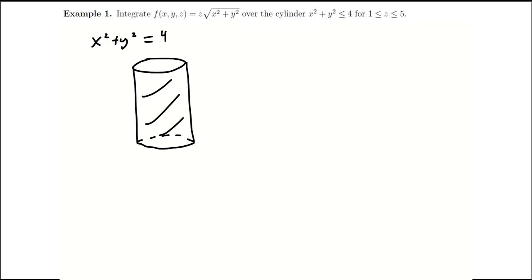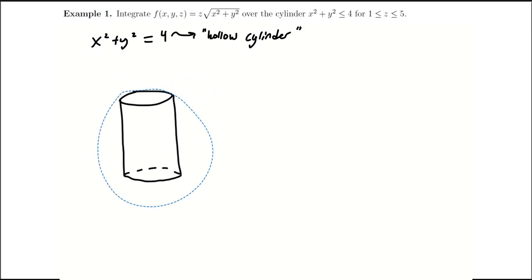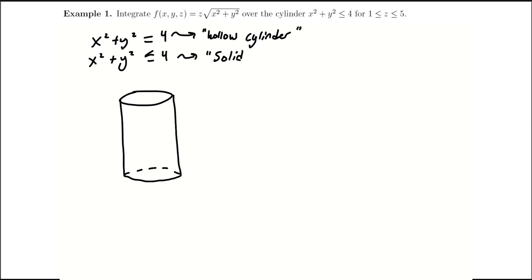So we can think of this as a hollow cylinder, a cylindrical shell. If, however, we go ahead and introduce an inequality, then this is actually a solid cylinder. It's the same shell that we had, but then everything within.